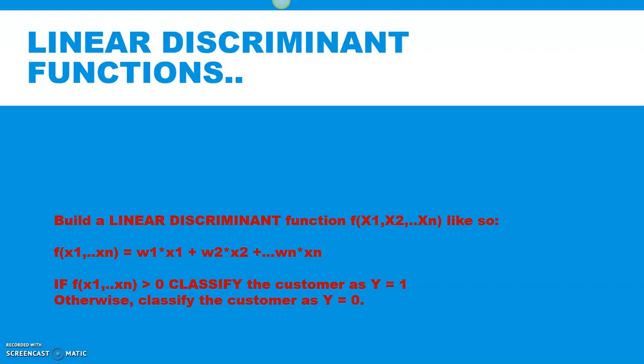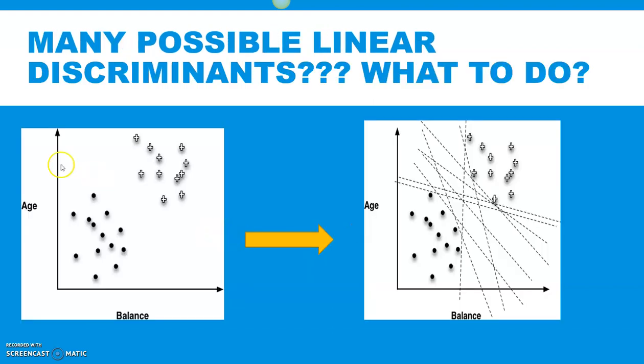So linear discriminant functions are intuitively very easy to understand also. And here are some pictures. Let's again look at a bunch of customers described by two features, balance and age. And let's say the customers fall into two classes, the crosses and the dots. And you want a linear discriminant function to separate them, right?